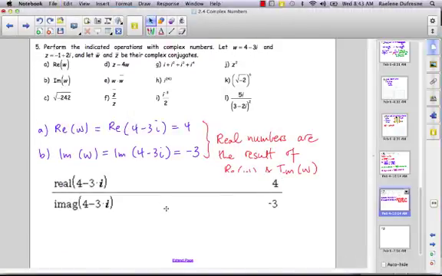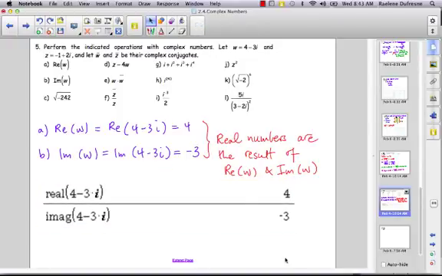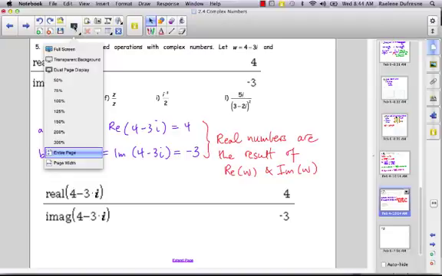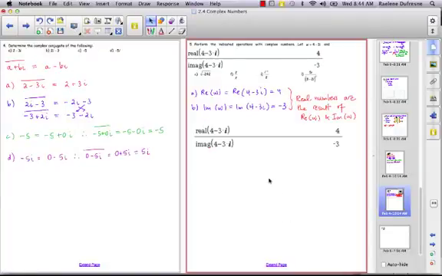Okay, so let's go ahead and start working out some of the rest of these. In part C, we have the square root of negative 242. Let's see, we're running out of room here.